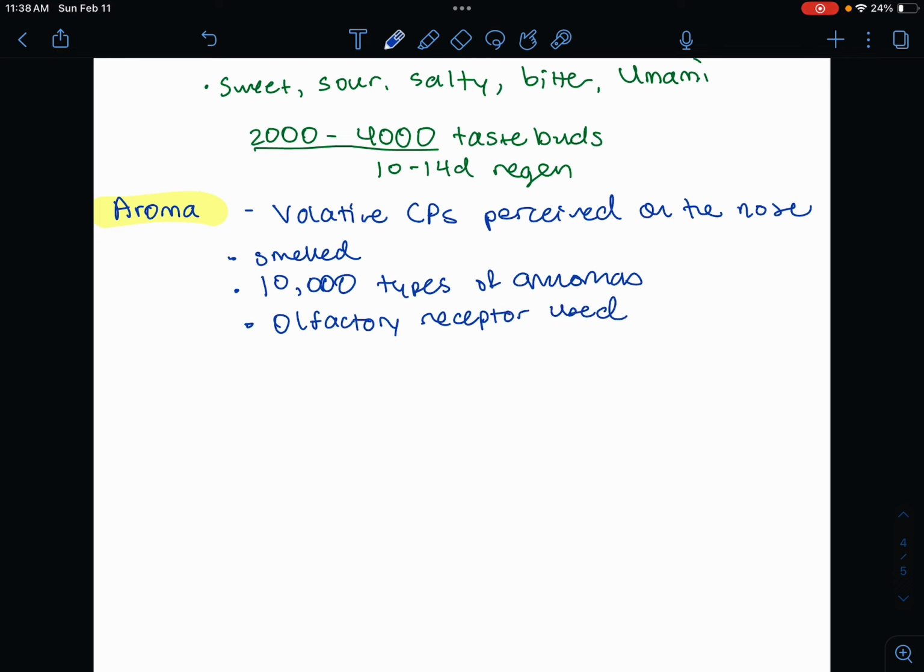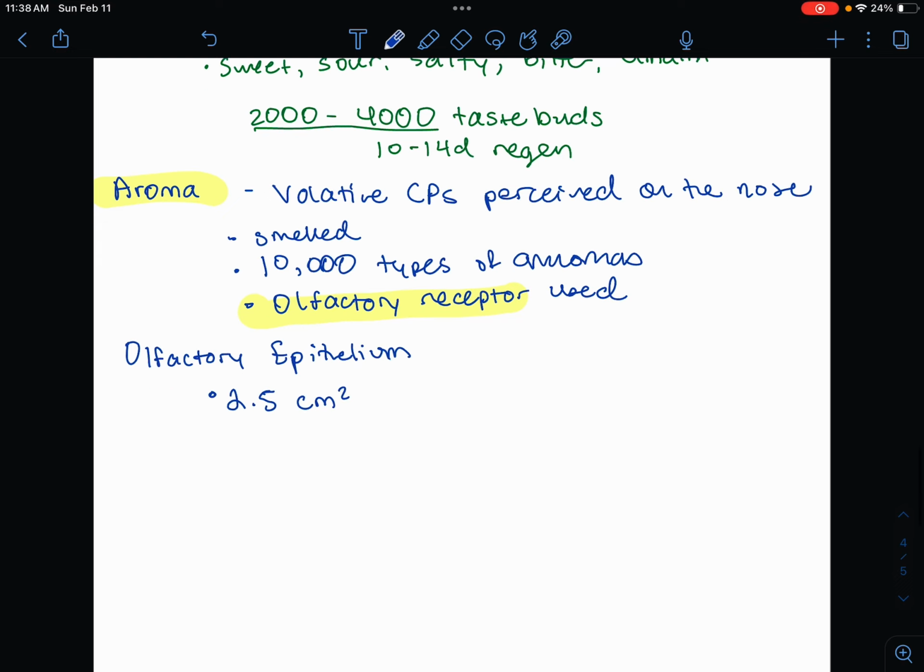Right, so the physiology, going off of that olfactory receptor point. So in the olfactory epithelium, we have this area of 2.5 square centimeters. There's a yellow pigment.